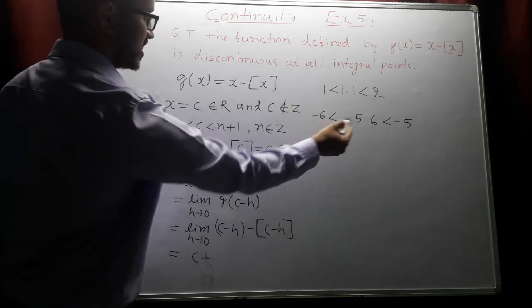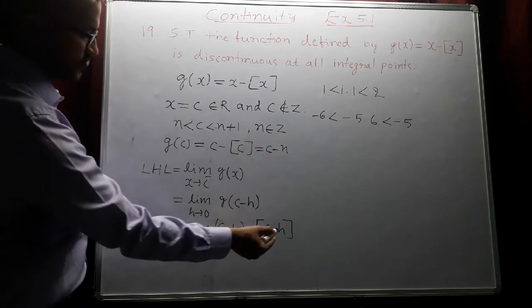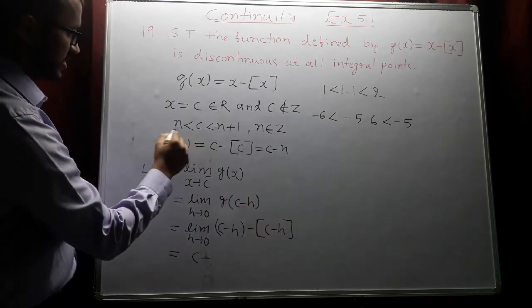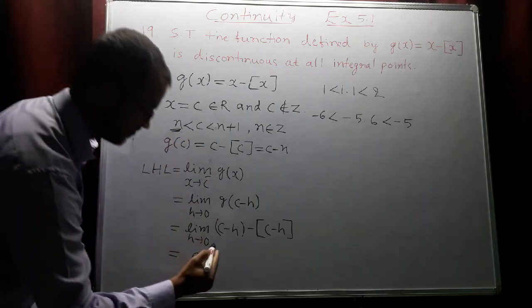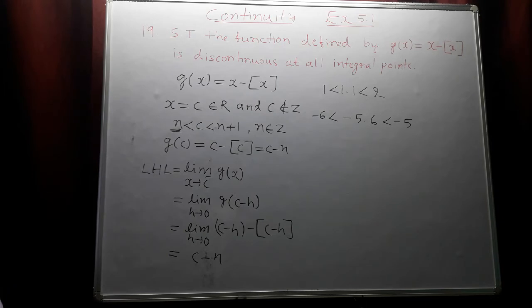Here also we get minus 6. In general, we get n itself. So the left hand limit is c minus n.